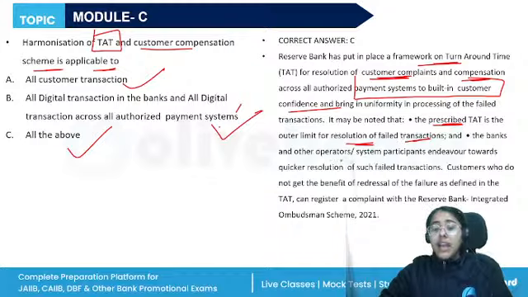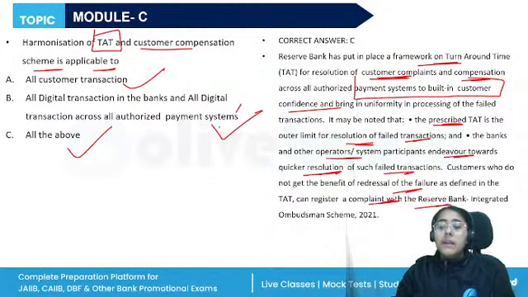The banks and other operators endeavor towards quicker resolution of such failed transactions. Customers who do not get the benefit of the redressal can register a complaint with the RBI Integrated Ombudsman Scheme 2021. I hope you remember the process of filing a complaint.